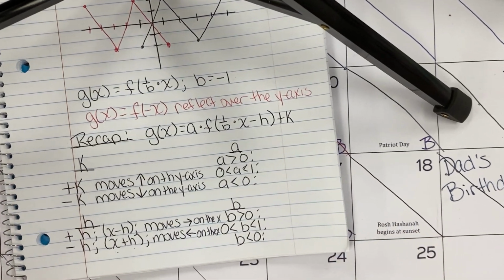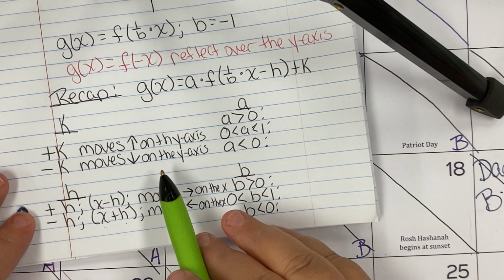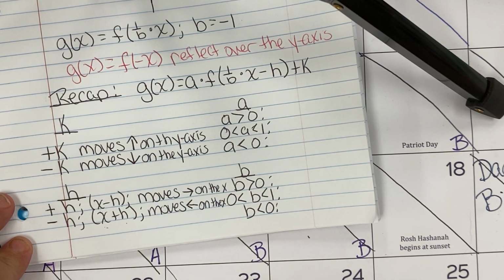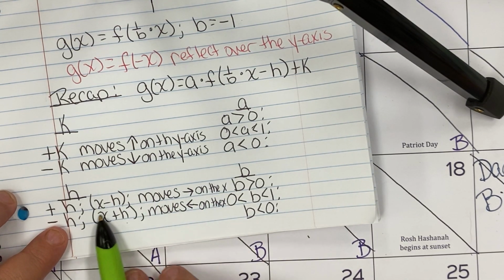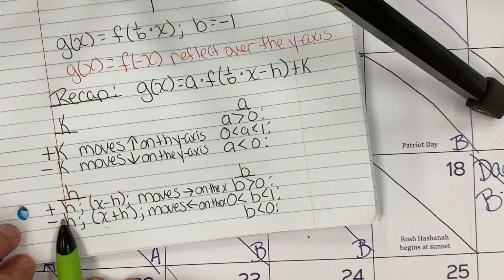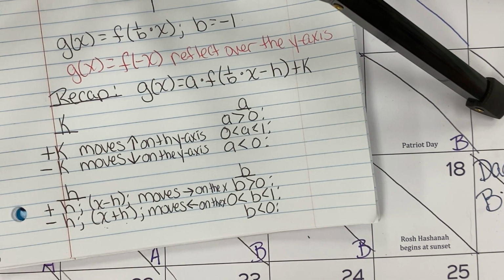I know that's kind of squeezed. Zoom in a little bit. So k, if it's positive, it moves up on the y. If it's negative, it moves down on the y. If h is positive, and it looks like x minus h, it's going to move right on the x-axis. And if it's negative, it would look like x plus h, and it's going to move left on the x-axis. Okay?